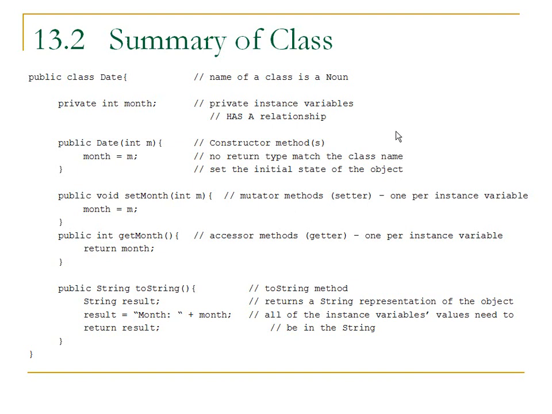So here's the summary for this video of how to define a class. So you make a new file, and the name of the file must match the name of the class. So this code will be in a file called Date.java, and we declare instance variables.